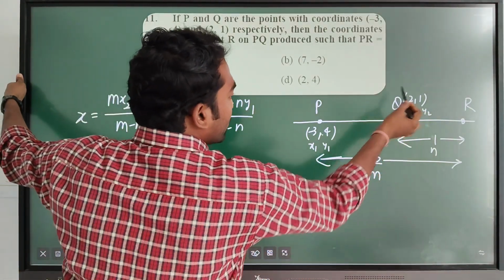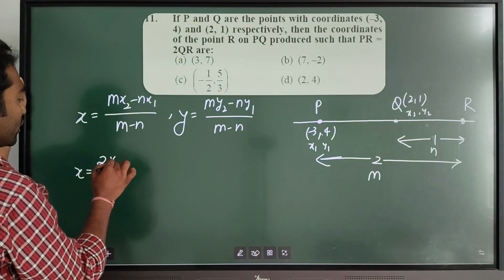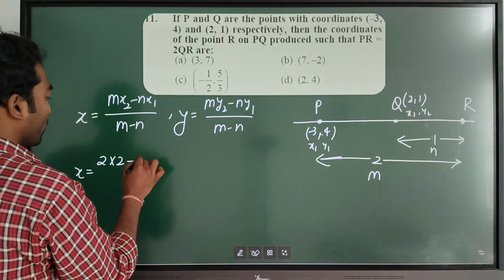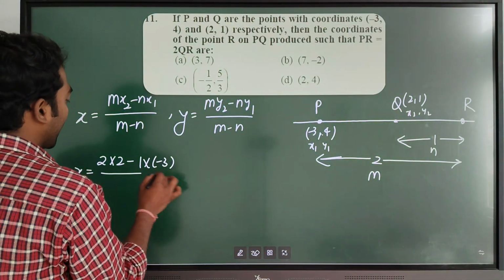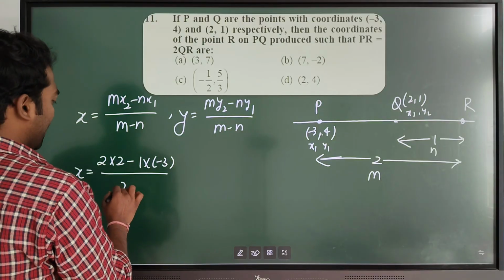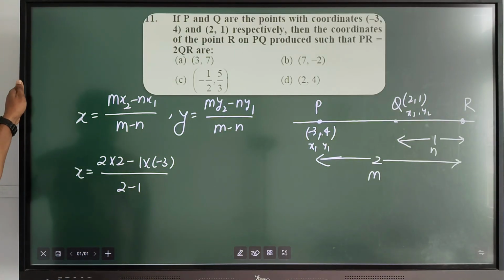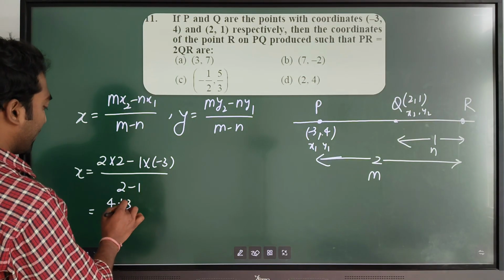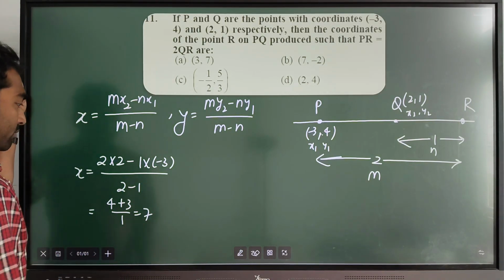m x2 means 2 into 2 minus 1 into minus 3, divided by m minus n, means 2 minus 1. So here it is 4 plus 3 divided by 1, which means 7.